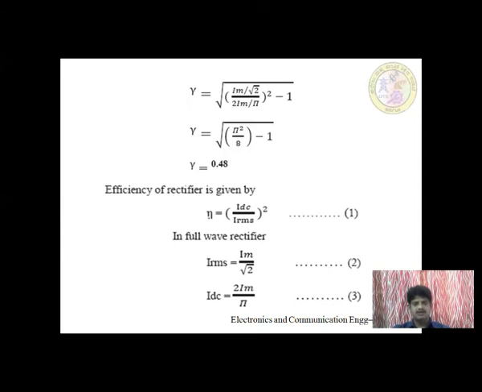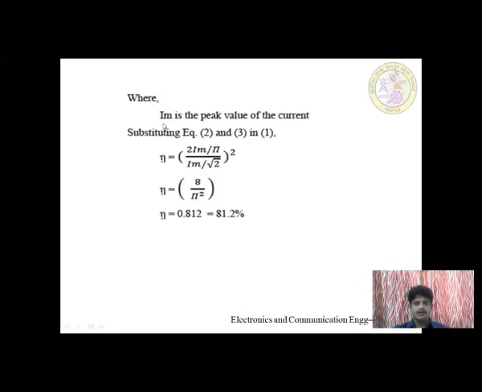Next, we have to calculate the efficiency of the rectifier. I already know the equation: eta is equal to (IDC by IRMS) whole square, and we have the equations for full wave rectifier IRMS and IDC. Here also it's simple. We just have to substitute these two values in this equation and simplify it. So we have substituted those two values.